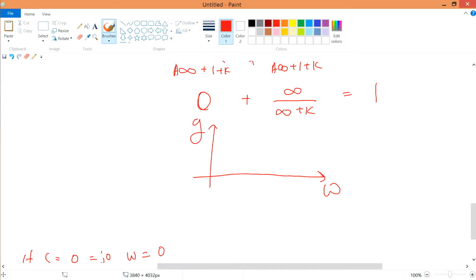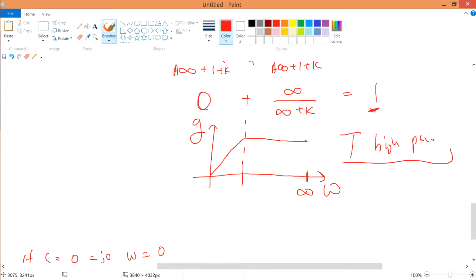At high frequency, which is super high, infinity, you're going to have a 1 over here. So we are talking about high pass frequency. So T is in fact a high pass frequency. Alright, so we have proved that T is a high pass frequency.